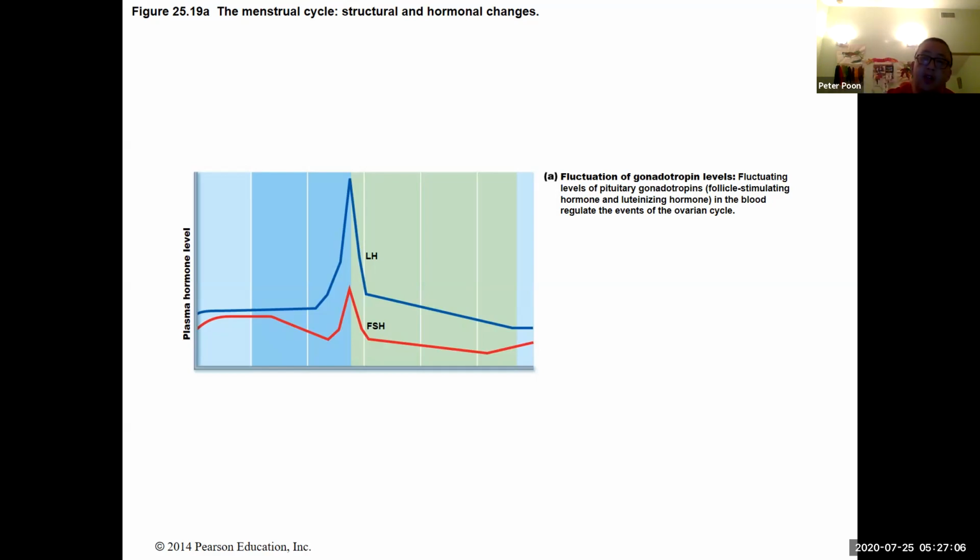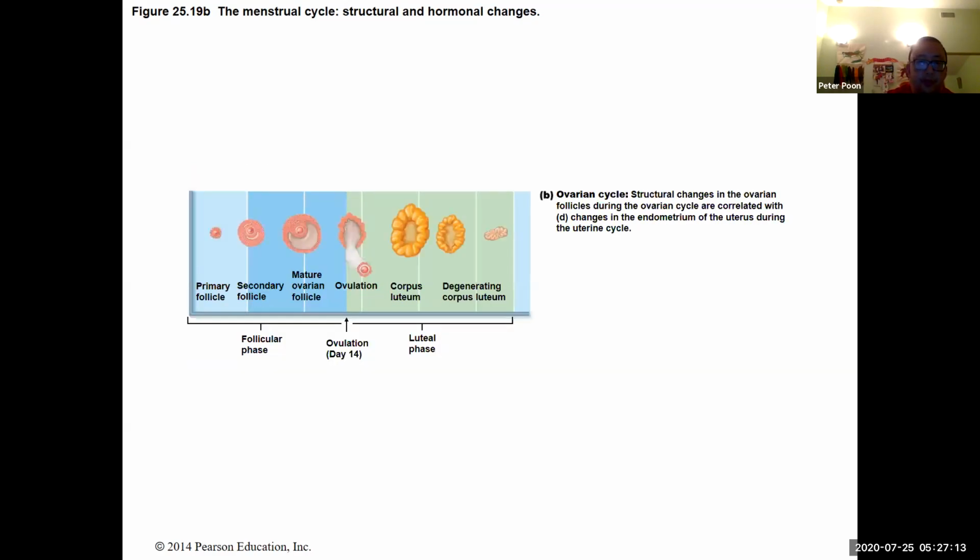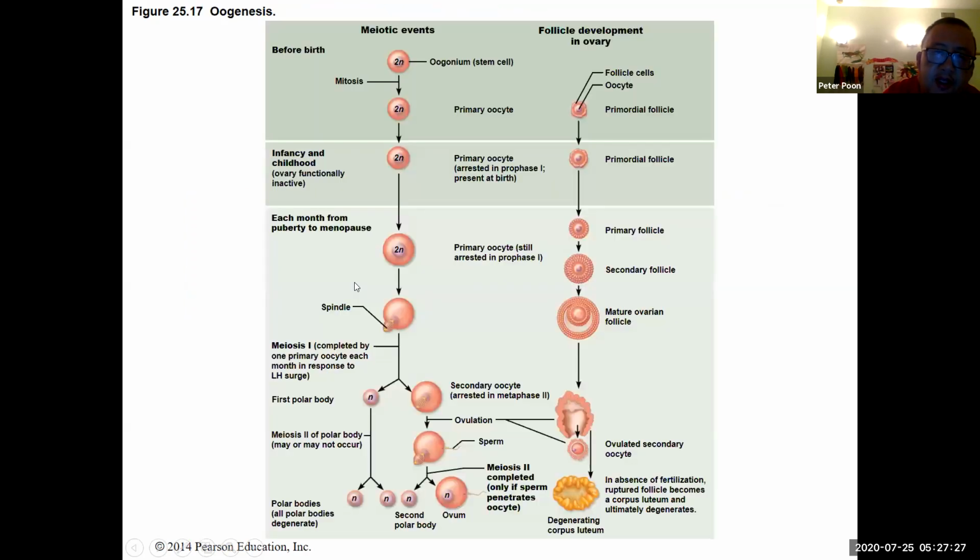If it doesn't get fertilized during that time, it dies. So you can see here, this is ovulation, day 14, and you can see the spike.